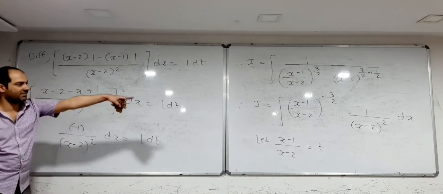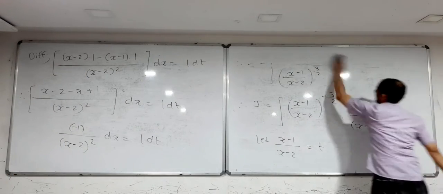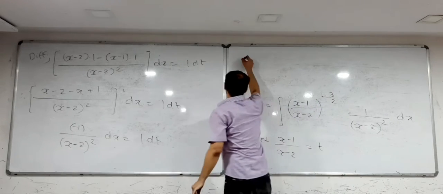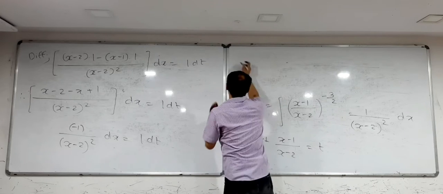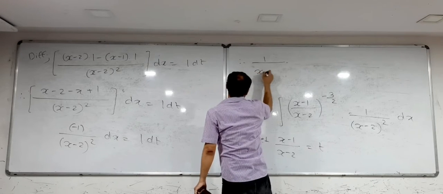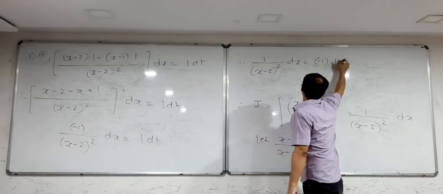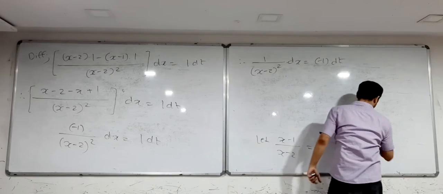I want to substitute 1 upon x minus 2 the whole square, therefore 1 upon x minus 2 the whole square dx becomes minus 1 dt.